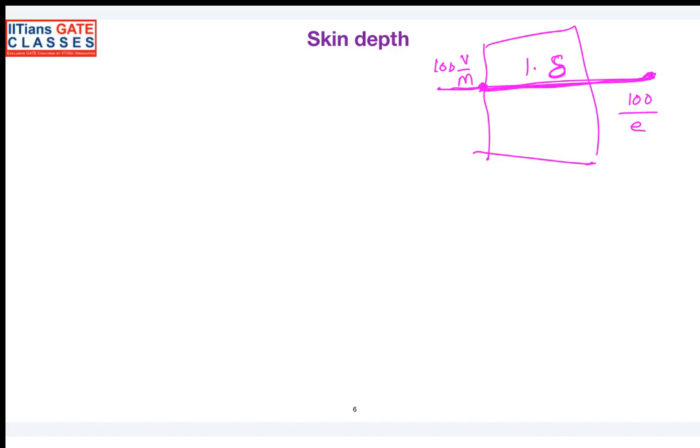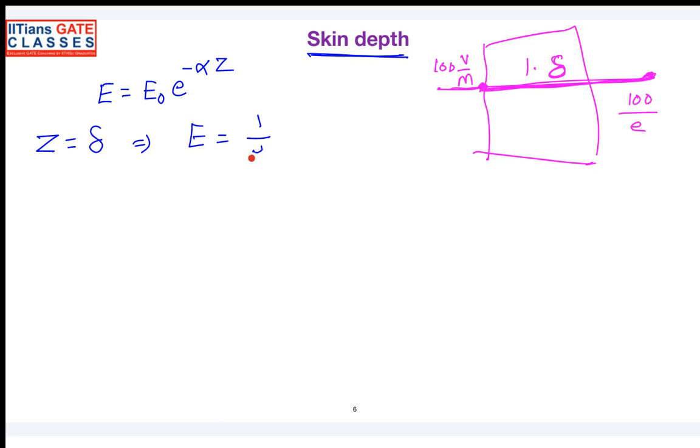So I will put it in a more elaborative way. As we have seen in the uniform plane wave, the electric field is attenuated with a factor e power minus alpha z. So when the signal travels for a distance of 1 skin depth, your electric field has become 1 by E times of your initial electric field.